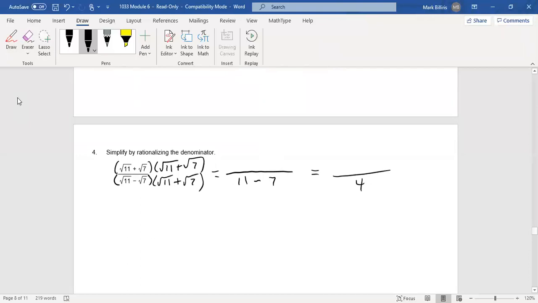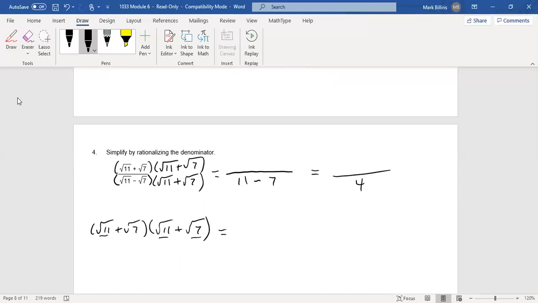Okay, so I'm multiplying the square root of 11 plus the square root of 7 times itself. We did an earlier example when we had a quantity squared that we had to rewrite it and now use the distributive property. So here we have the square root of 11 times both the square root of 11 plus the square root of 7. We start by multiplying the square root of 11 times both terms.